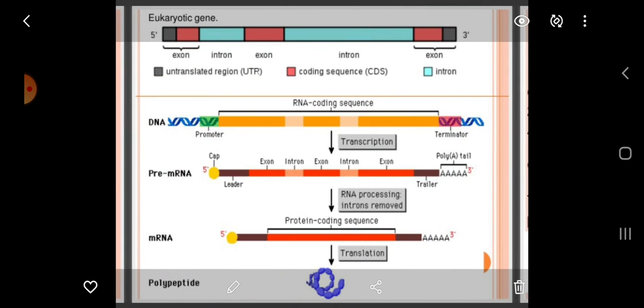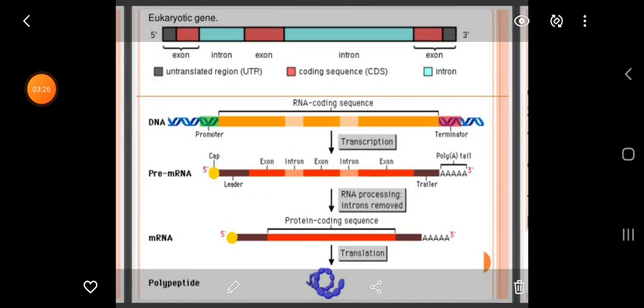Here is a diagram of a eukaryotic gene. Here, the black portion is the untranslated region or the UTR region. The red sequence is the coding sequence, that is the CDS, and the blue sequence is the intron.